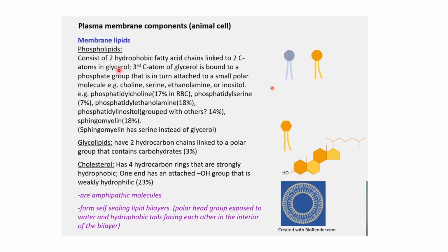In the glycerol there are three carbon atoms, so this is one, two, and three. At the first and second carbon, the fatty acid side chains will be attached, and the third carbon will be attached to the phosphate group.